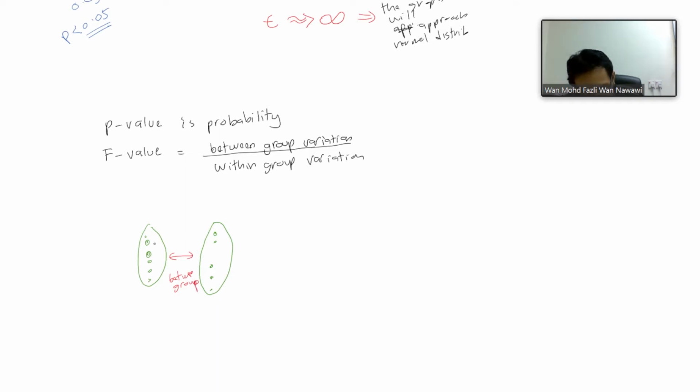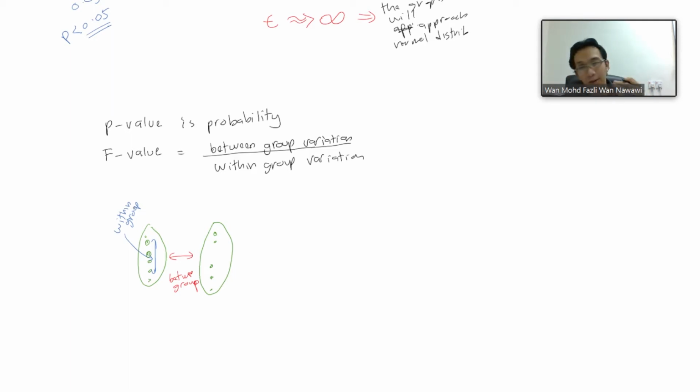Within it is basically within group. What they compare, actually, are the means or the variance, either within group or between group. So the F value or F ratio is basically the division between this and this.